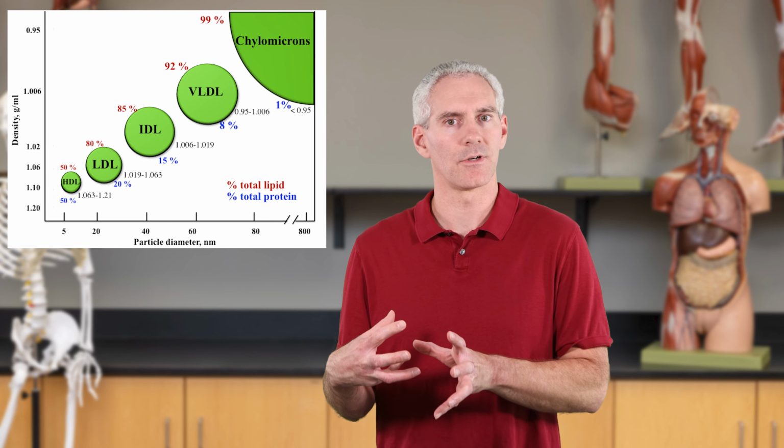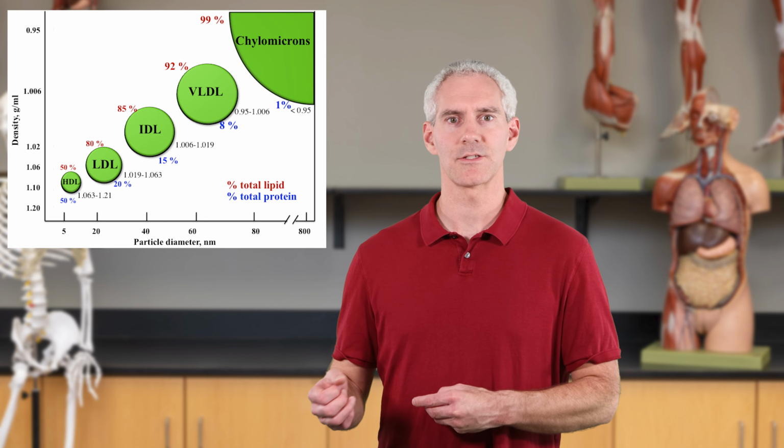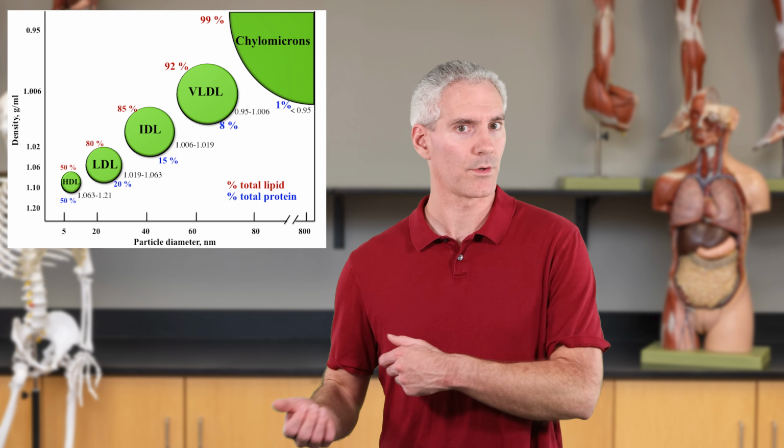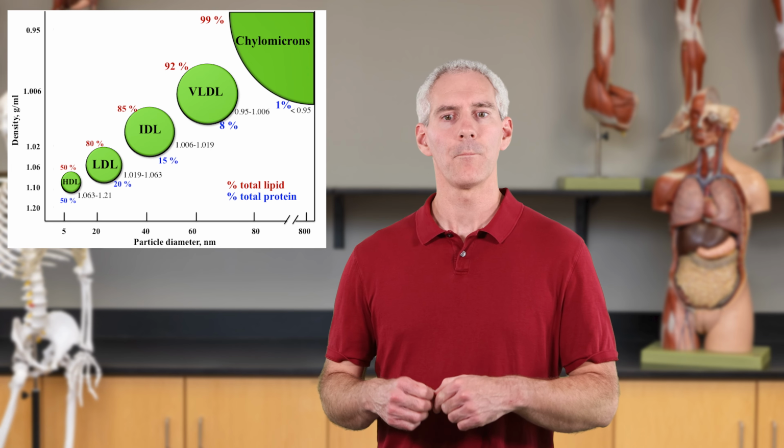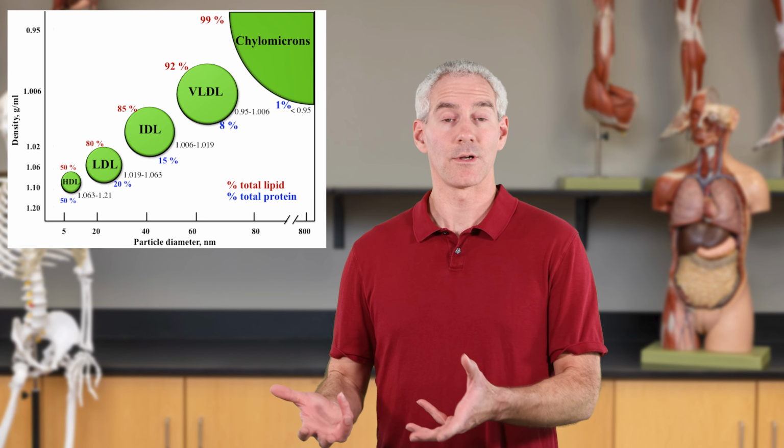It'll take the cholesterol to the cells, and then the cells can either utilize that cholesterol in the membranes, they can store the cholesterol for later, but they're basically taking it and doing something with it at this point. That's the LDLs. So once they're broken down in the cell, that's used.